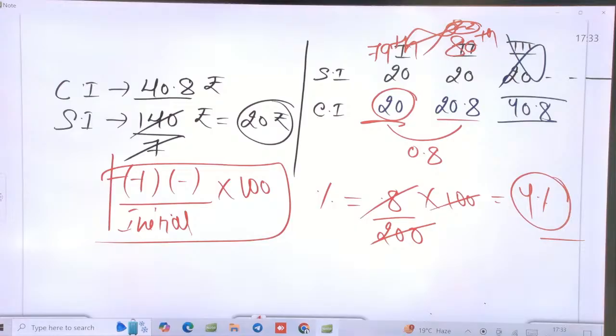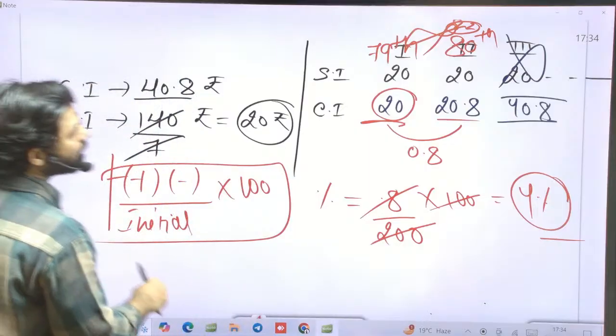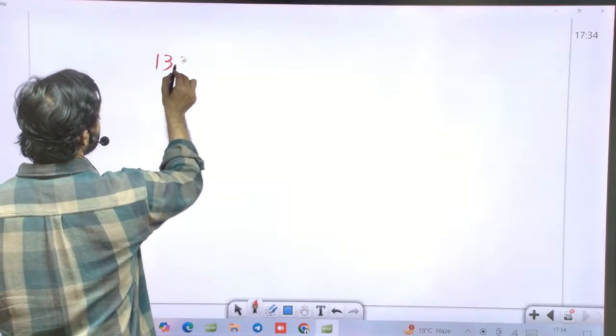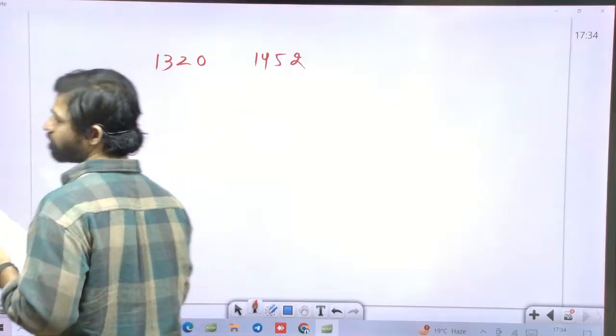The annual interest compounded on any amount is 1320 rupees for the second year and 1452 rupees for the third year.